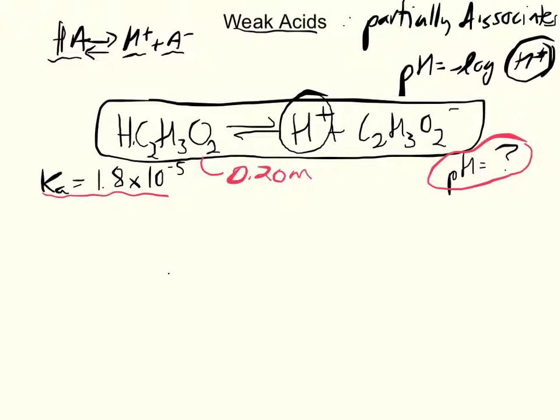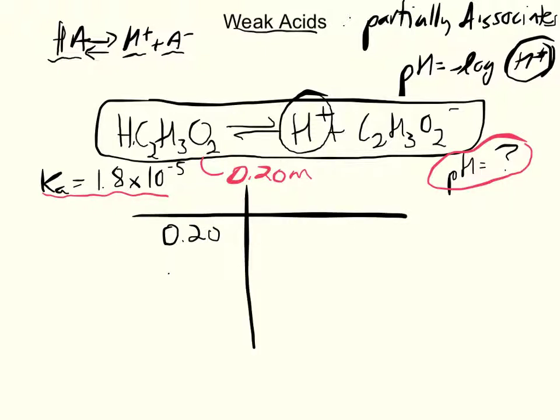So what this would look like, well, we're starting with 0.20 molar of acetic acid. We have no H+ to start and no acetate ion. So this is our ICE table here.